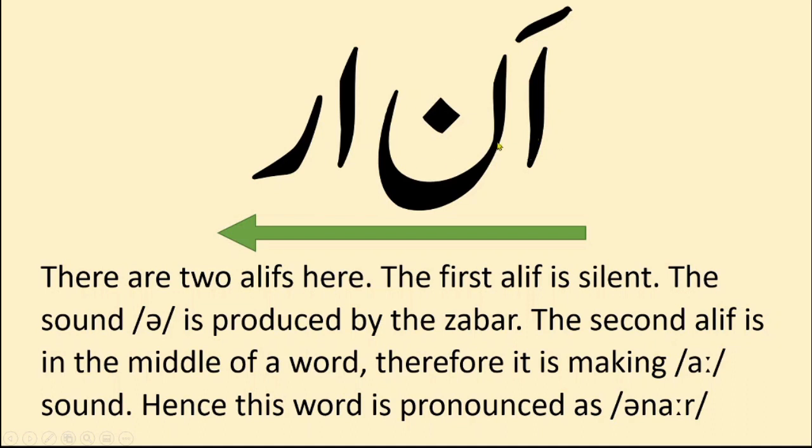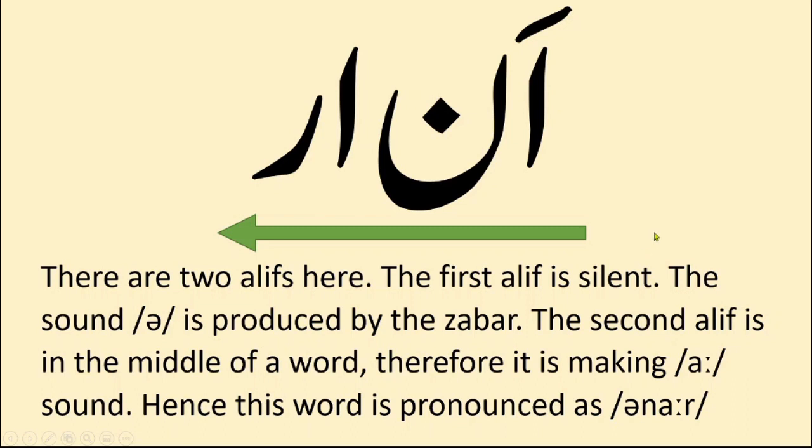This is the first alif, that's the second one. This first alif is actually silent. It doesn't give you any sound. That sound is a, the zabar. Noon gives you n sound. Alif in the middle always gives you a sound, and re always gives you r sound in Urdu. So this word says anar.